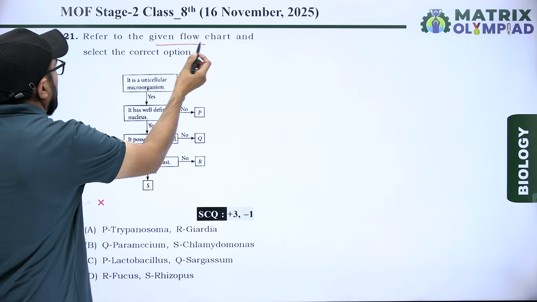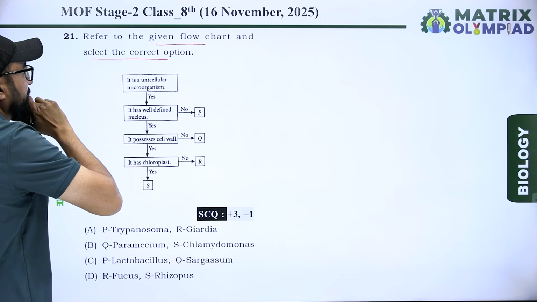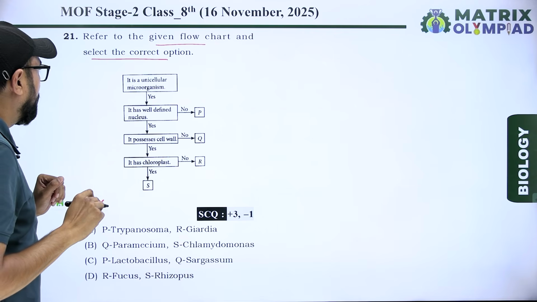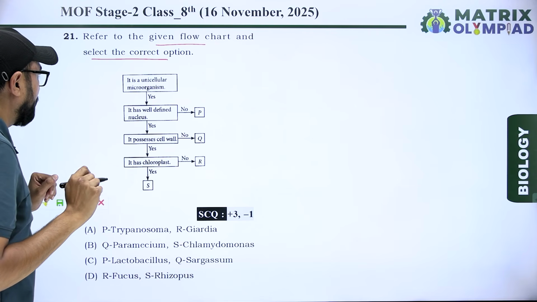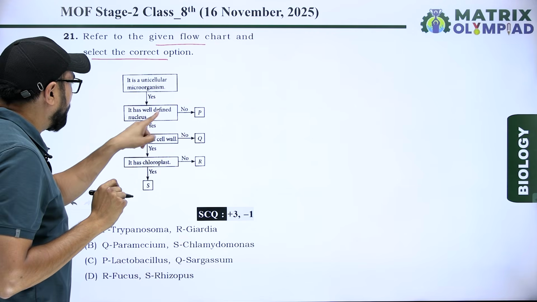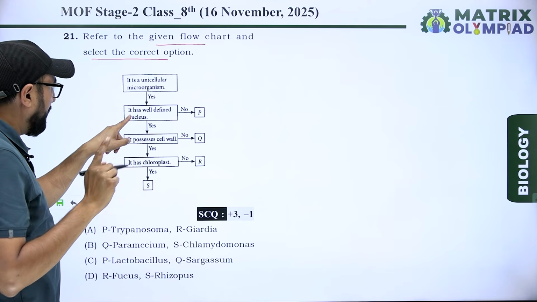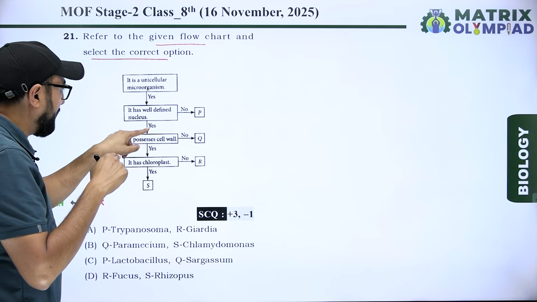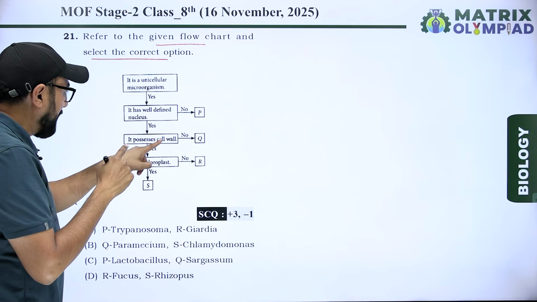Refer to the given flow chart and select the correct option. It is a unicellular microorganism. Yes. It has a well-defined nucleus. Yes, then cell wall present.